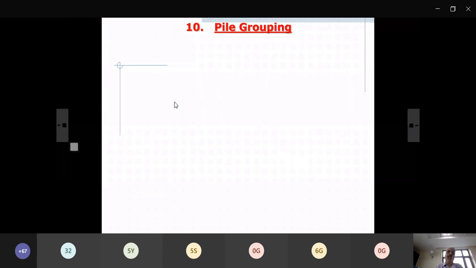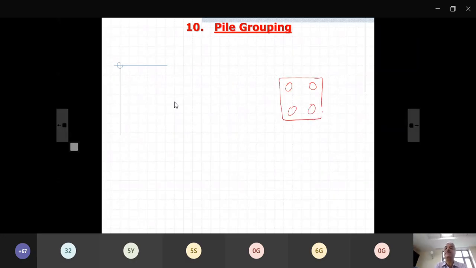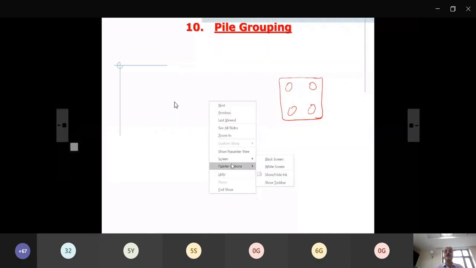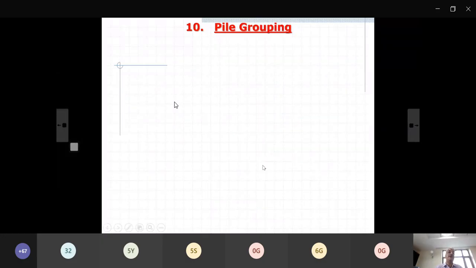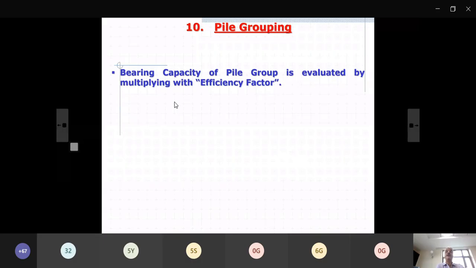Another issue is single pile and pile group. No pile you put as a single pile. Normally you will see there will be 4 piles or 6 piles and there will be a pile cap. So it is not that its group capacity will be 4 times P; that does not happen. The capacity which you get in a load test will be of individual piles, but finally piles will be in a group. So for a pile group, the bearing capacity is evaluated by multiplying with what is known as the efficiency factor.